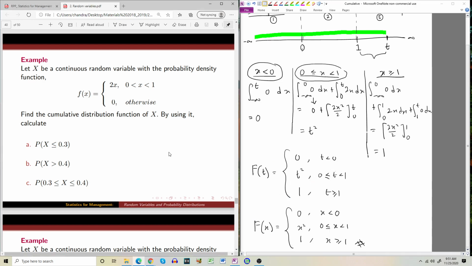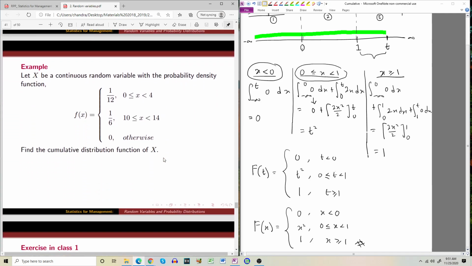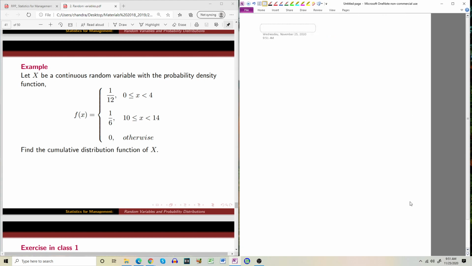But first of all, I need to make sure you know how to get the cumulative distribution function for continuous random variables. So for that, we practice one more in example 2. For example 1, questions A, B, C, I will come back again to guide you. Don't worry.